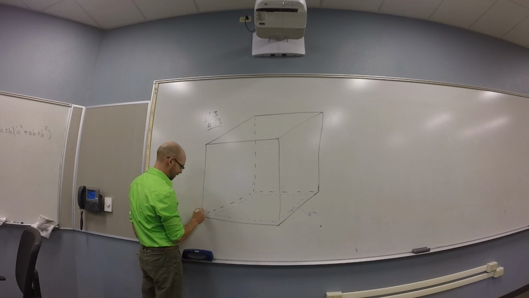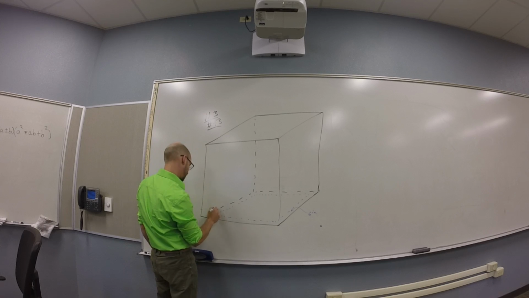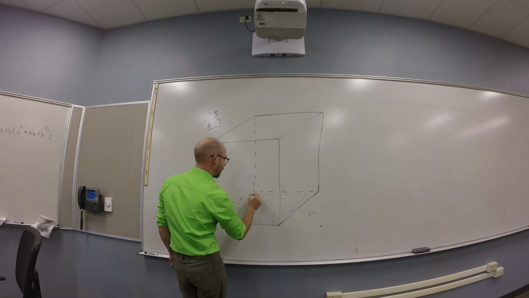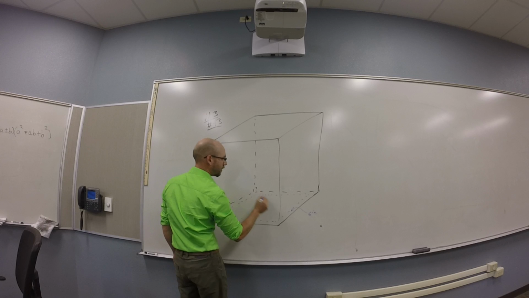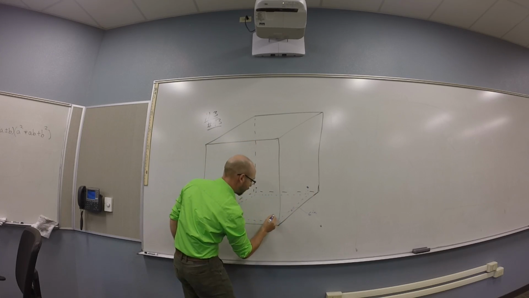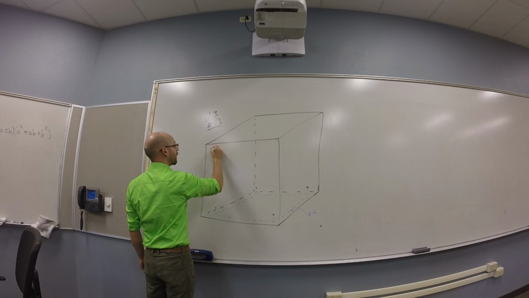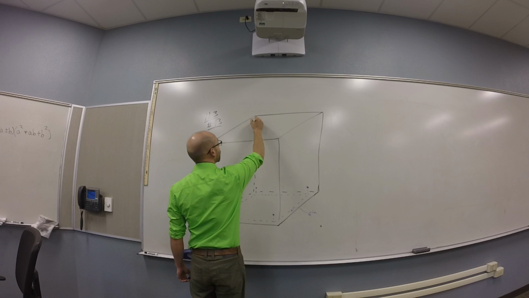Okay, so I need to go up a foot to get my corners. And then I need to do a similar thing here. So I need to go down a foot from the top.